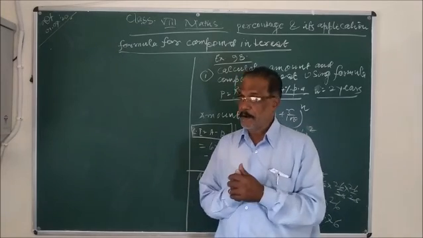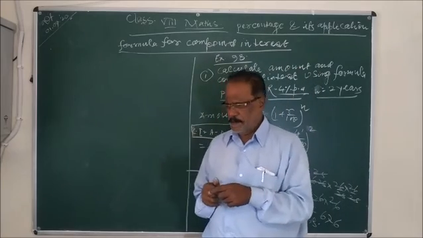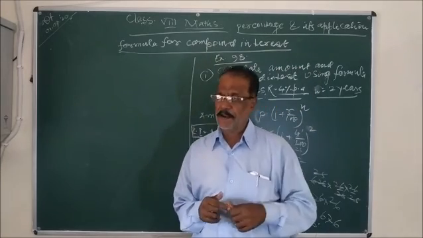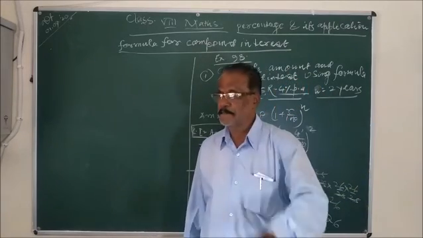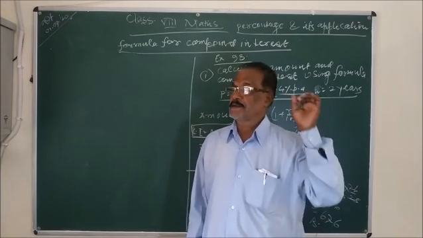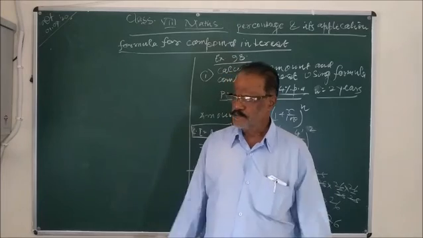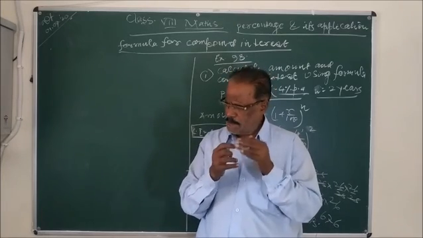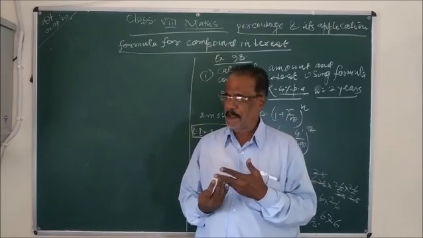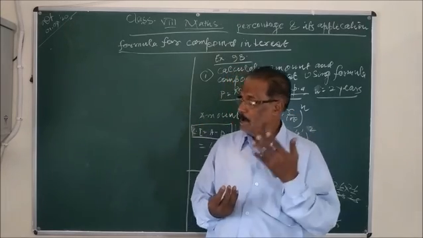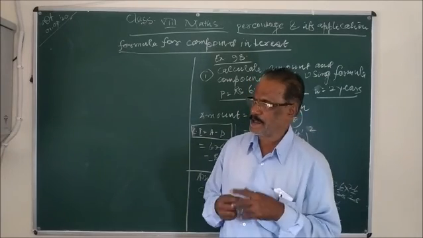So this is the compound interest I have explained, and next day I will try to explain compound interest when the interest is calculated half yearly, 6 monthly, or 3 monthly quarterly. There will be some little change. If the rate is given half yearly, we have to halve the rate and double the number of years.